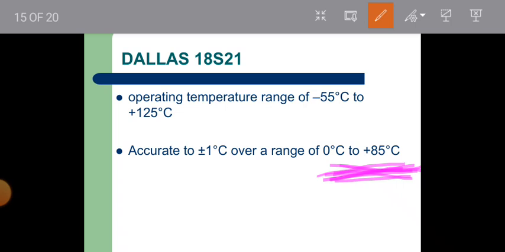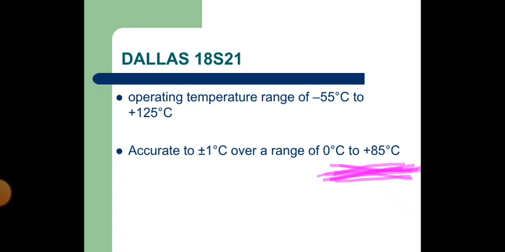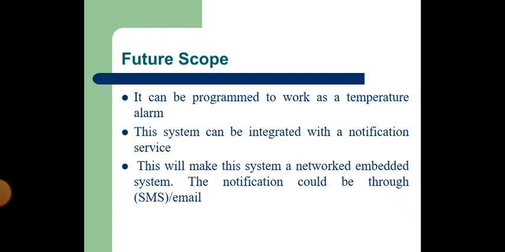Remember, in data acquisition, the higher the quality of data, as I told you in the previous lecture, the better is our work in data science. So the accuracy of positive or negative 1 degree centigrade over that range is very important as you're using a Dallas 18S21, to determine how accurate you could be despite the results that you have at hand.